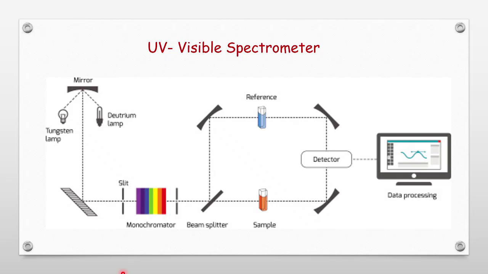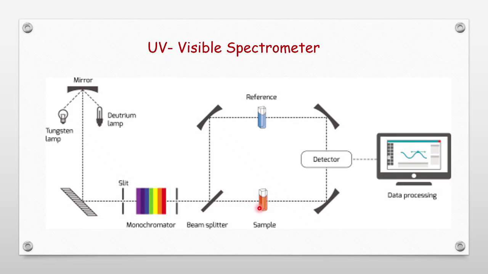The instrumentation for this is the UV visible spectrophotometer. A modern spectrometer consists of a radiation source consisting of a tungsten filament for producing visible light and a deuterium discharge tube for producing ultraviolet radiation. These radiations are passed through a monochromator, which automatically selects the required wavelength, and the monochromatic beam is split into two parallel beams, one of which passes through a transparent cell containing the sample.